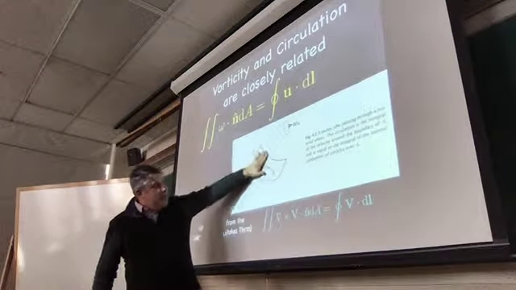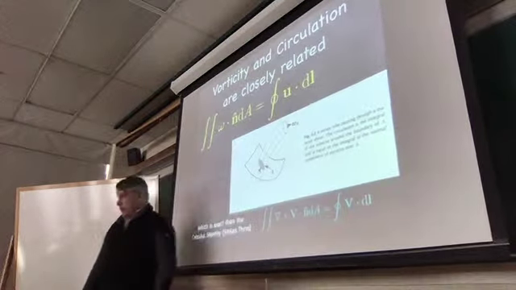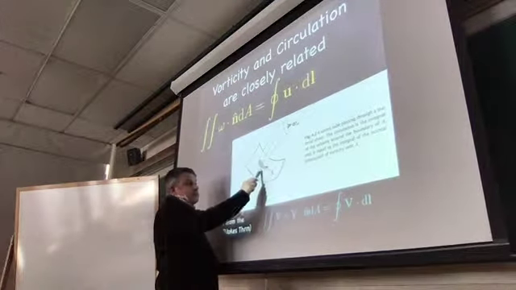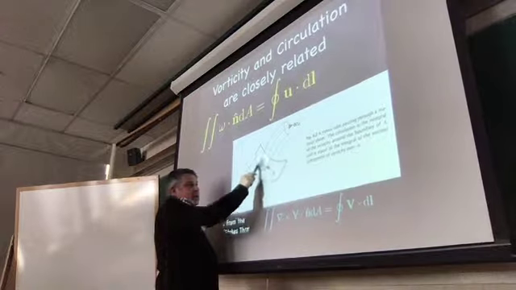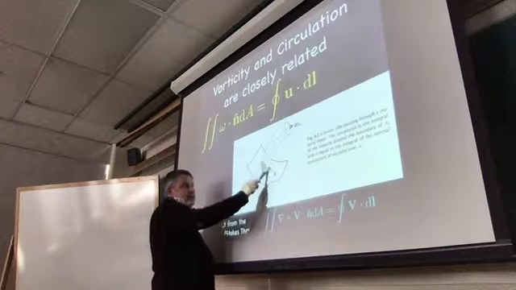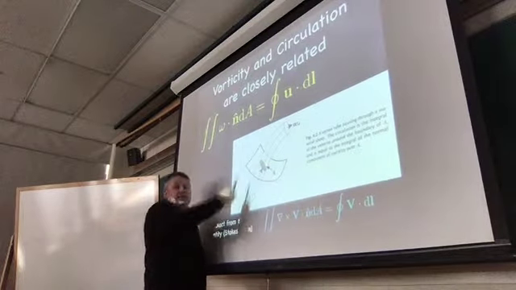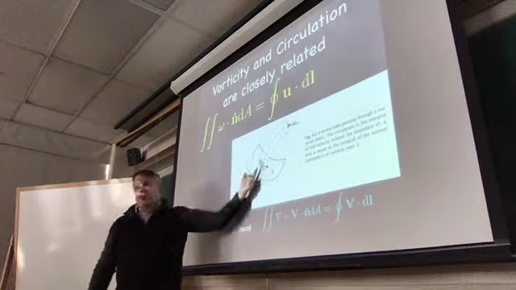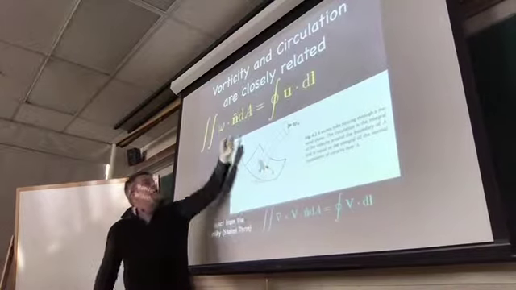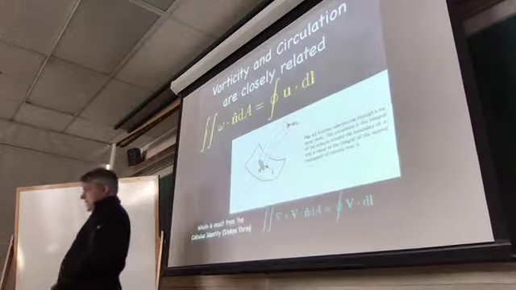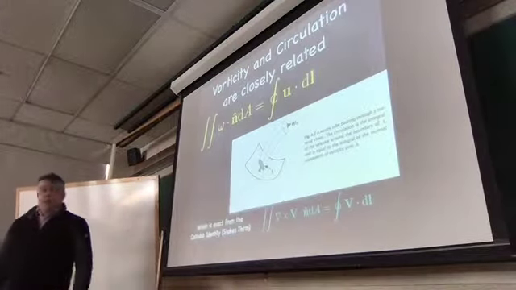If you take a plane and slice through one of those vortex tubes, the circulation, that is the velocity along this direction around that loop, is just the area integral of the vorticity punching through that surface with a normal direction. So it's the projection of the vorticity vector onto that.